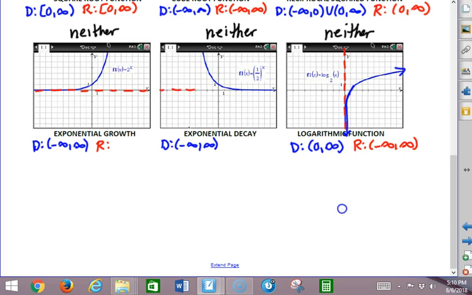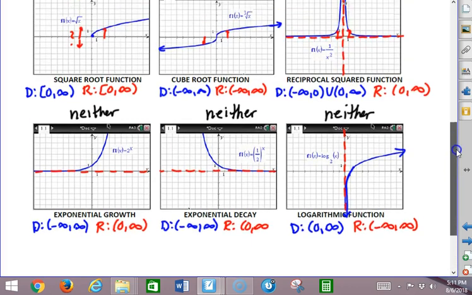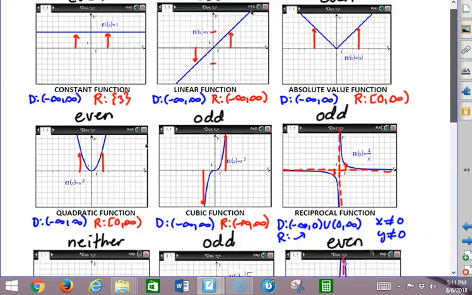The graph runs along the x-axis but does not touch it. So the range is 0 to infinity, not including 0. You can see that there's nothing below the x-axis here. We've already talked about that one. So there's the domain and range of all the parent functions and whether they are odd or even.